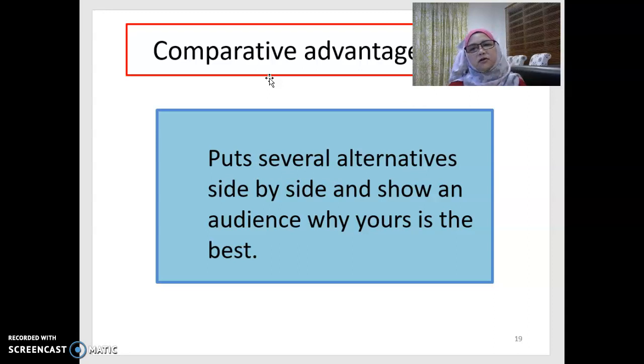So you list down all the points that would actually say which type of phone is better.